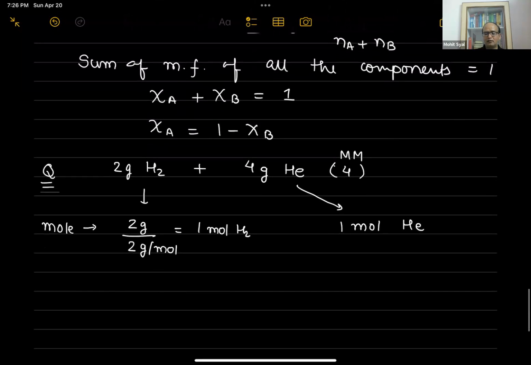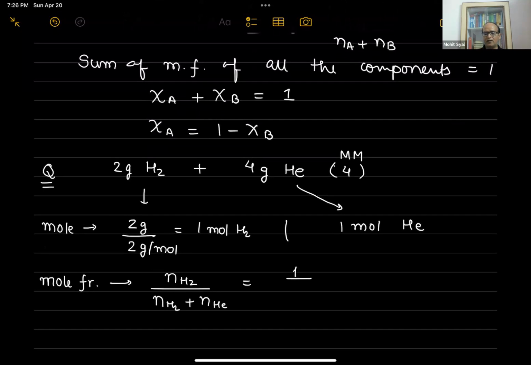Got it? So mole fraction. Now we can get back to our mole fraction. Mole fraction of hydrogen will be the number of moles of hydrogen divided by the total moles of all the substances. Is it clear?